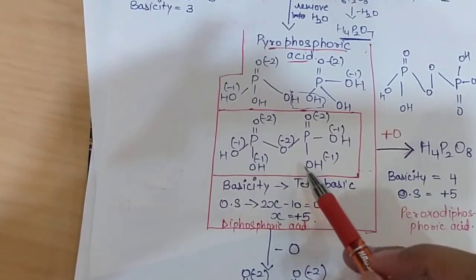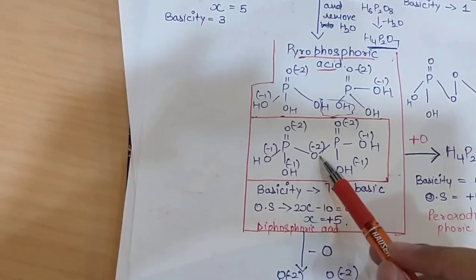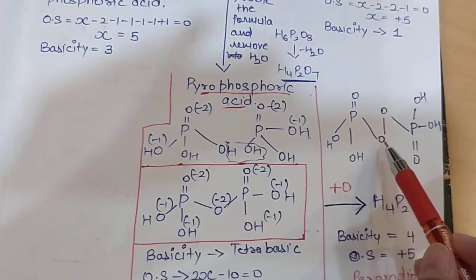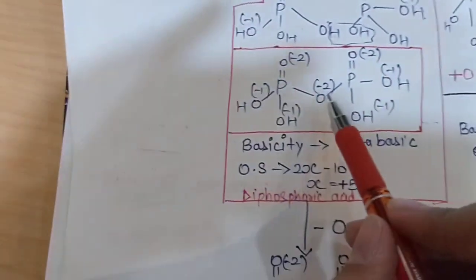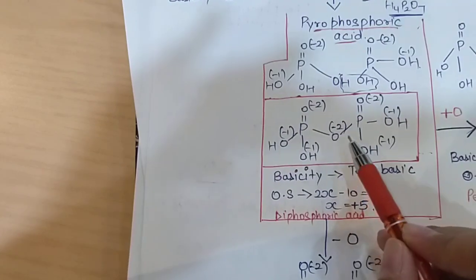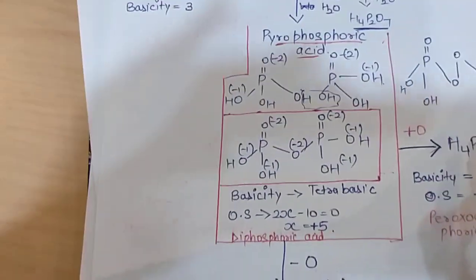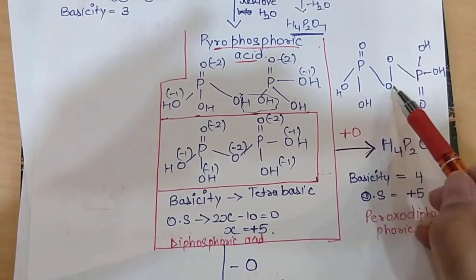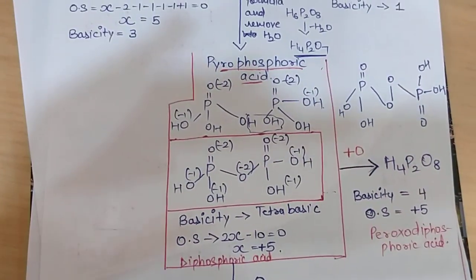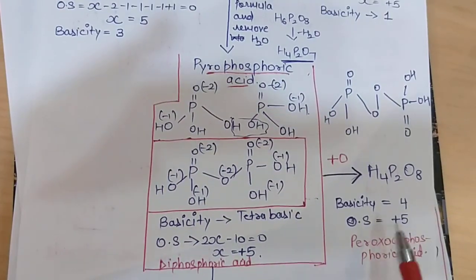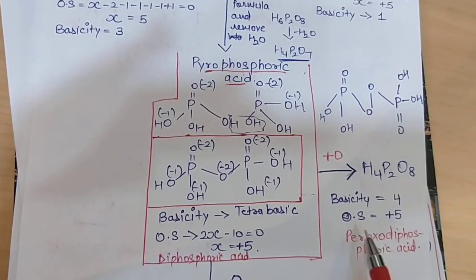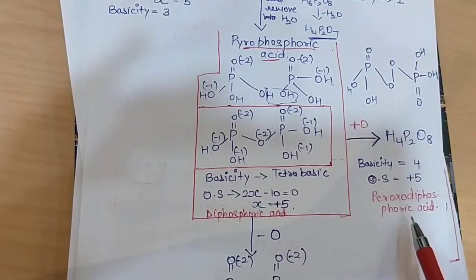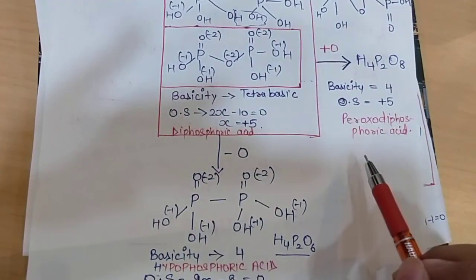We'll introduce this oxygen as a bridge here. The oxygen that was already present is a bridge, and the other oxygen which we are adding will be introduced here, that is, the peroxide linkage will be present as the bridge. Basicity will remain unaffected, basicity will remain 4, the oxidation state will remain unaffected, and the name becomes peroxodiphosphoric acid.